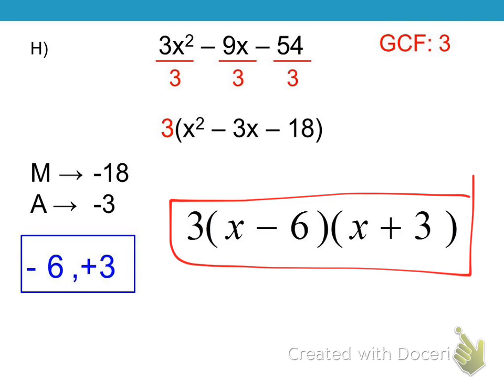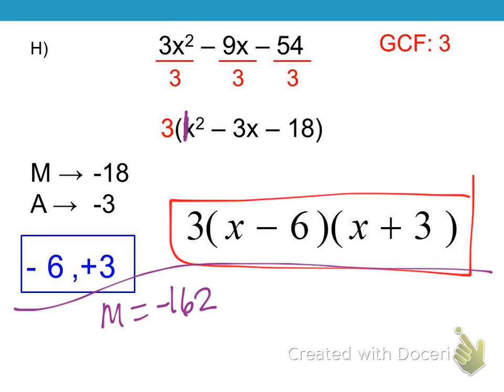Real quick, though, I want to show you what happens if you don't see the GCF. The lead coefficient now is 1, so you divide both terms by 1, but nothing happens. Can someone with a calculator do 3 times 54? Negative 162. So let's say we didn't do the GCF. This is the wrong way to do it, so don't write it down, but I want to show you what would happen.